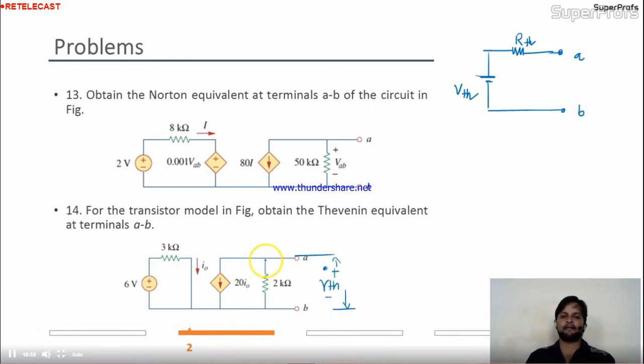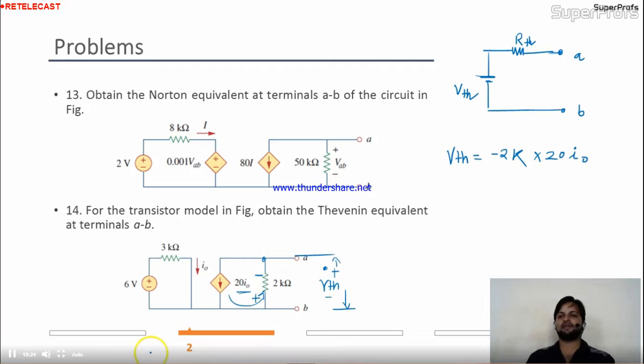Okay, so come over here. The VTH is nothing but, see, in this entire mesh only one current is flowing, and that is 20 I naught. Is it okay? So the voltage drop across here is from this side to this side, but our assumed VTH is of opposite sign. So VTH is nothing but minus of 2k into 20 I naught.